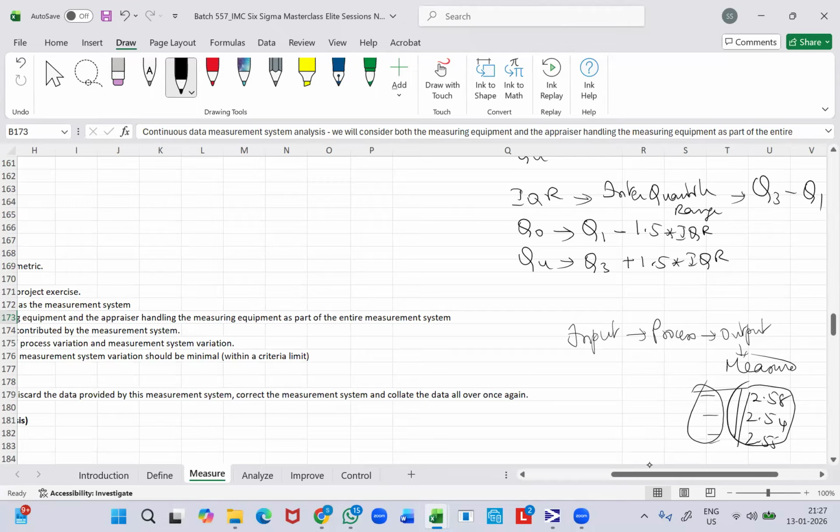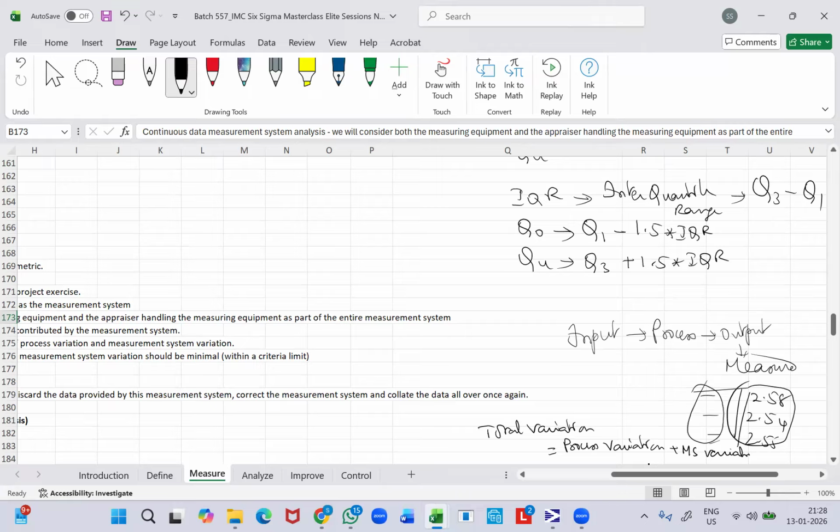So the differences that you would find in the final data set containing the measurement values is what we would call the total variation. And this total variation will be a combination of the process variation as well as the measurement system variation, right?